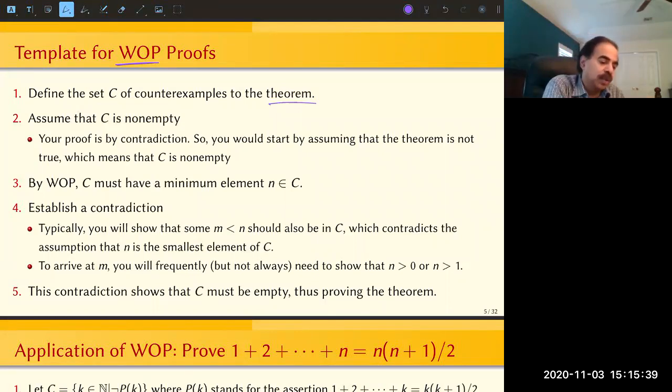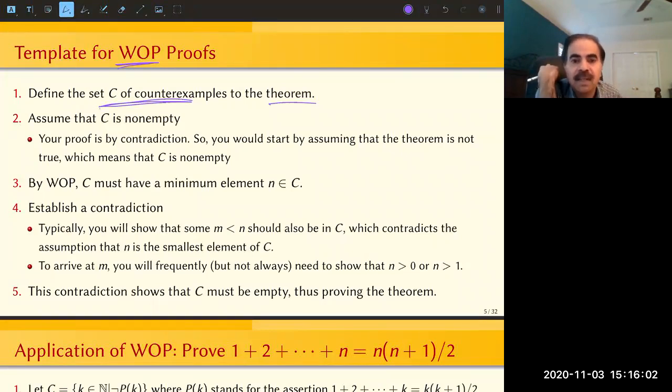And the way you use a well ordering proof is to start by saying, let there be some set of examples, some values of n, such that this formula does not give you the sum up to n. That is called the set of counterexamples.